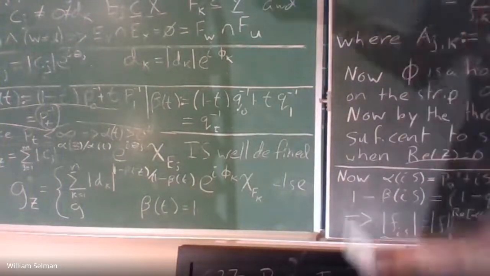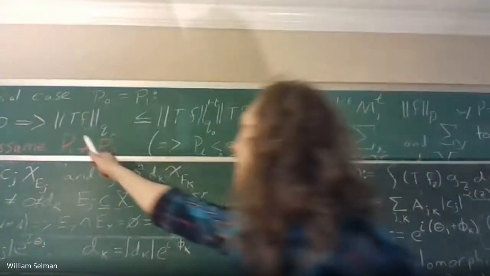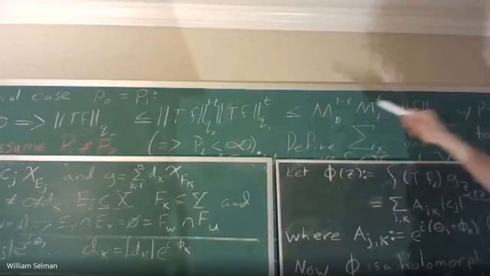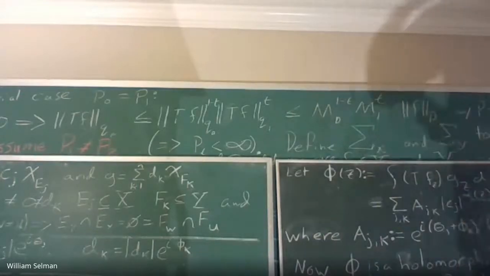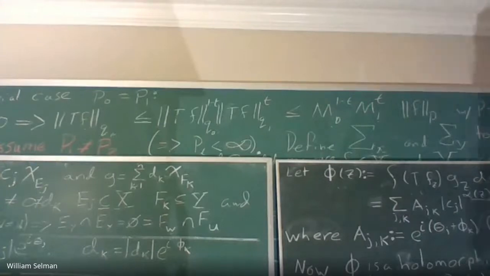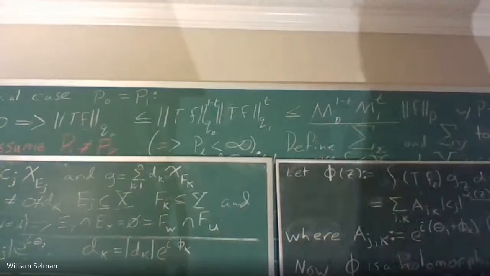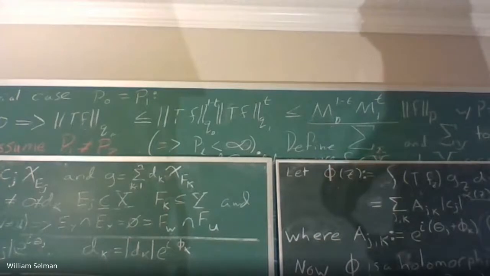We have our inequality, that the QT norm of f of T is less than M naught to the 1 minus T, M1 to the T times the PT norm of f, and that directly follows from the three lines lemma. So now we have proven the case when we have simple functions that are non-zero only on a finite measure subset.